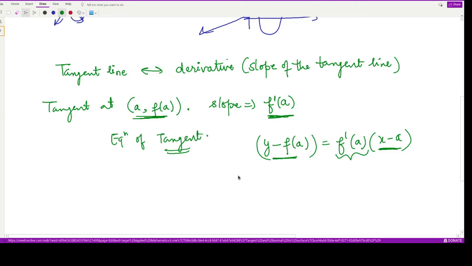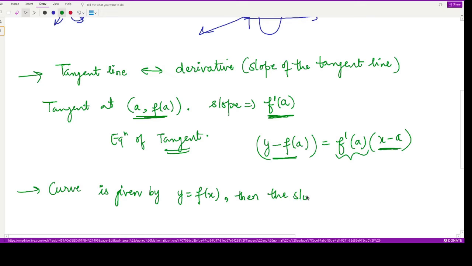Suppose the curve is given by y is equal to f of x. Then what would be the slope of the tangent?